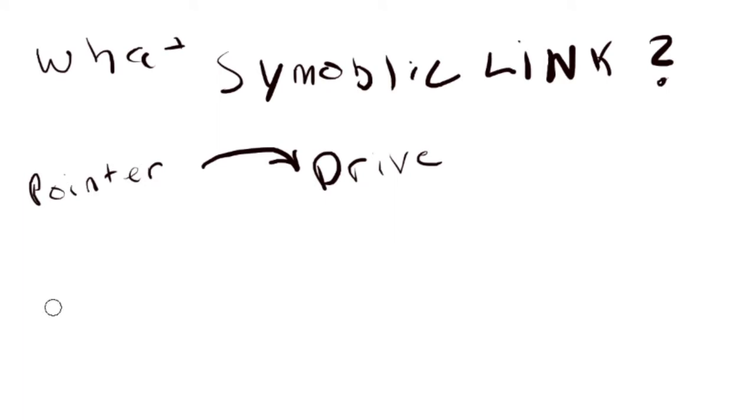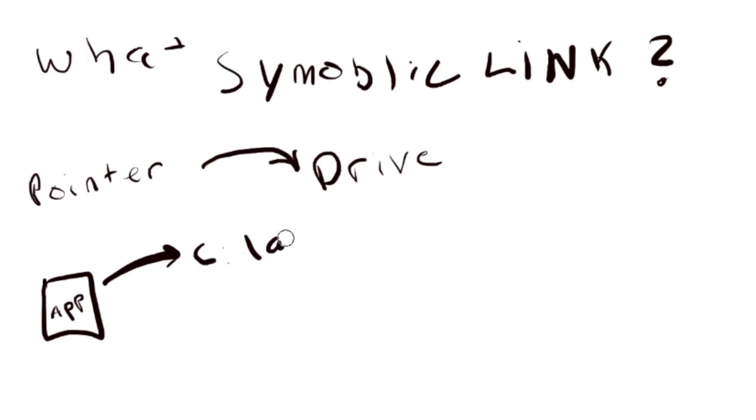So let's say I have an application, and it writes to this directory, let's say C:\app, and it's hard coded in the program. What I can do is use a symbolic link to tell the computer to instead actually write it to, let's say, D:\app.